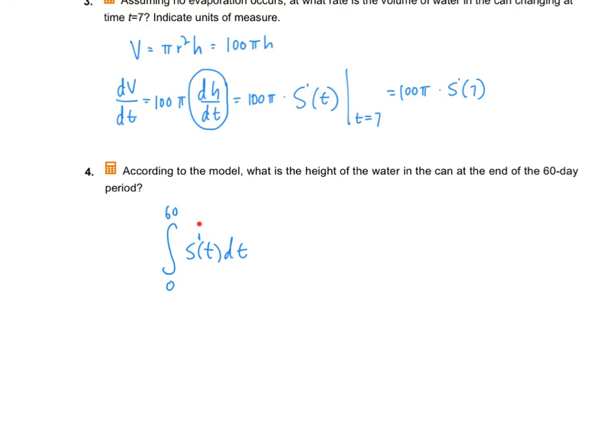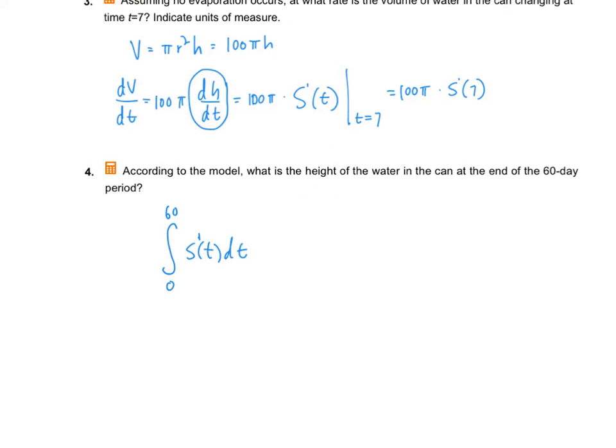So this function here is the rate of change, but remember when you take the integral of a derivative, those cancel out. Those are almost like inverse operations. So if we take the integral of this rate, we'll just get height, and this will really be the change in height. And that's what we want.